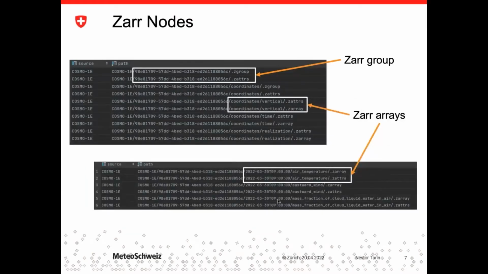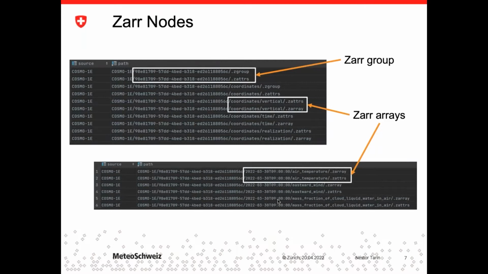This is more how the Zarr node table looks like. Here you see that we have different levels of groups. We have the root level, which is our source ID. Then we have the UUID to identify the arrays. Then for each array we have coordinates, and we can also have timestamps, and for each timestamp a variable.